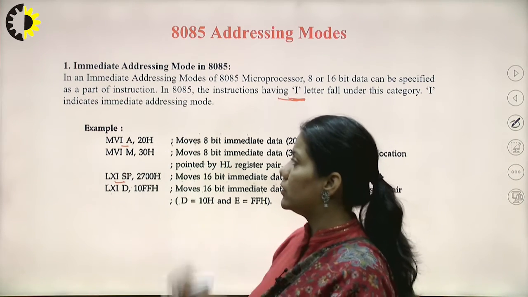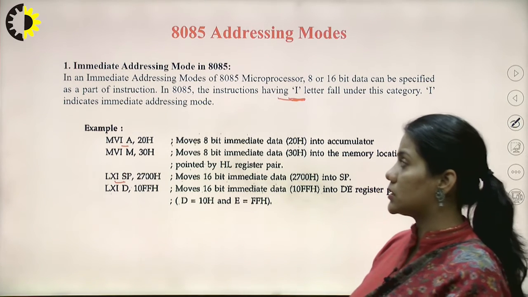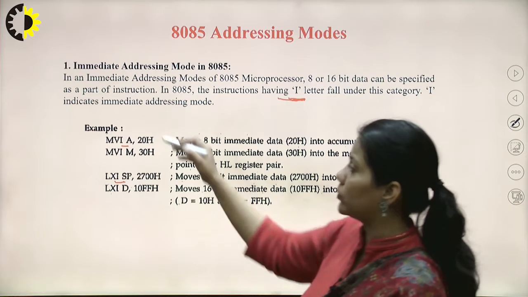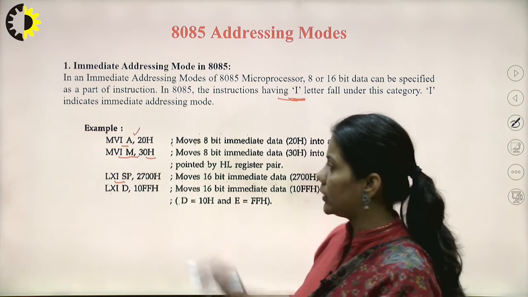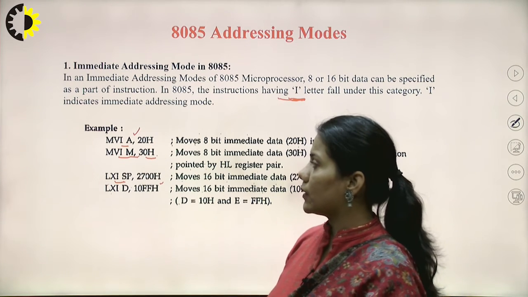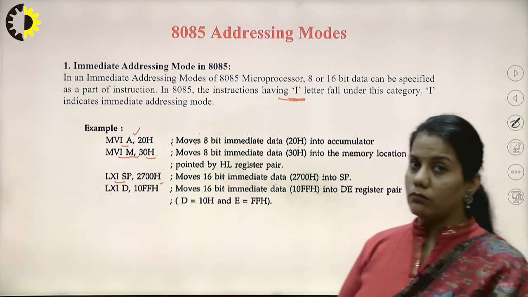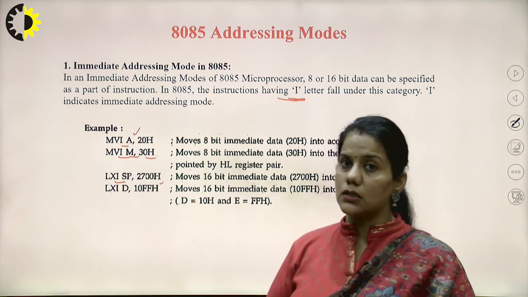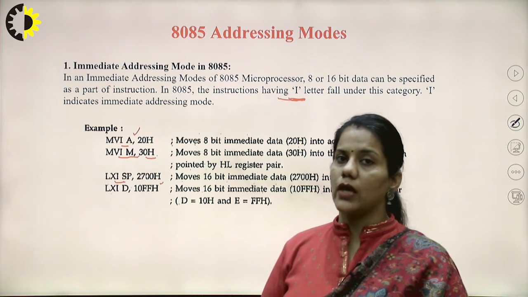MVI A comma 20H means that 20H is the data which is being copied to the accumulator. Similarly, MVI M comma 30H means this 30H data will be copied to the memory. And what is the memory? Memory is the memory location pointed to by the contents of the HL register pair.